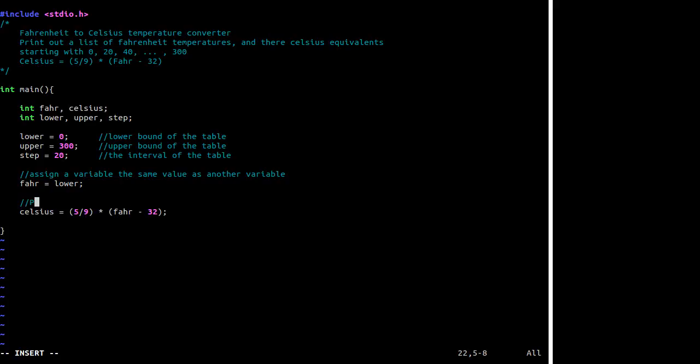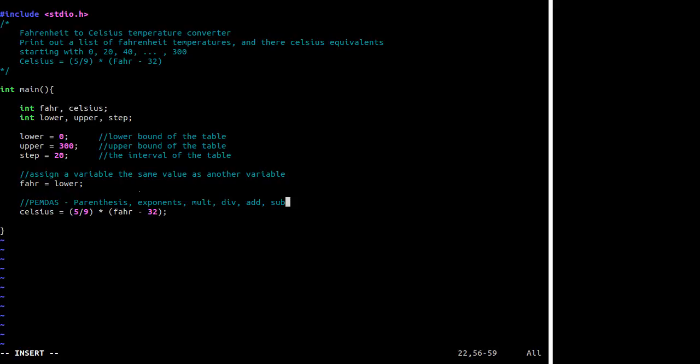In C, and in fact, I think all programming languages follow PEMDAS, which is parentheses, exponents, multiplication, division, addition, subtraction, right?